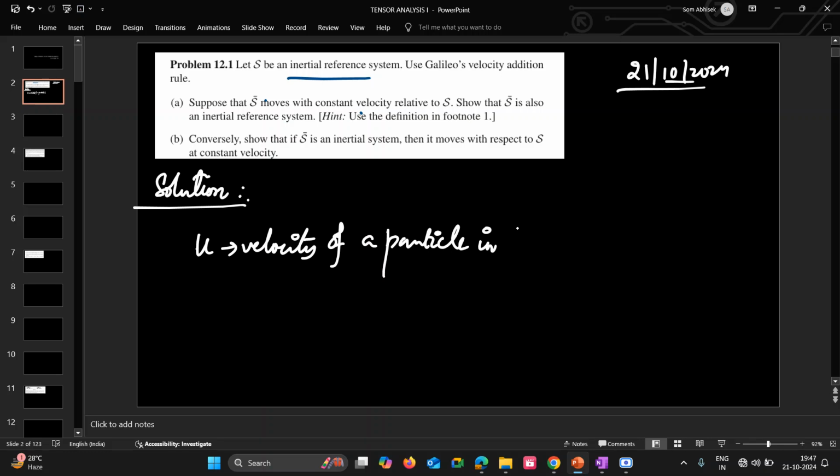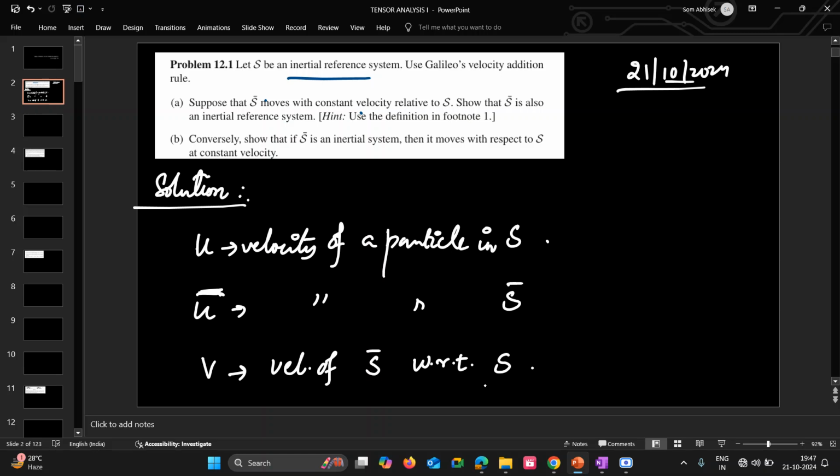Use Galileo's velocity addition. u bar will be the velocity of the particle in S bar, and v will be the velocity of S bar with respect to S.